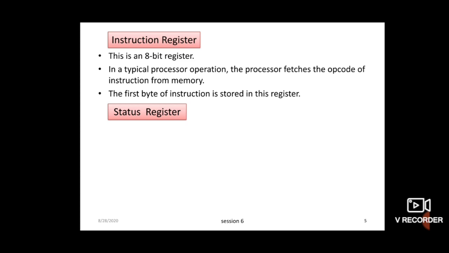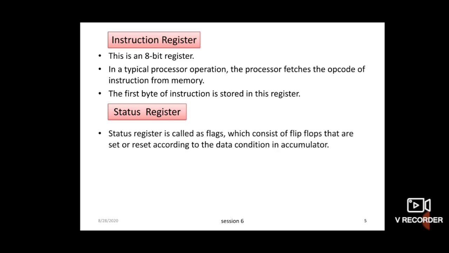Now next is the status register. The status register is related to flip-flops. You know very well that last year we studied what a flip-flop is. Flip means 1, flop means 0, so it is either 1 or 0. You know the RS flip-flop, JK flip-flop, D flip-flop.